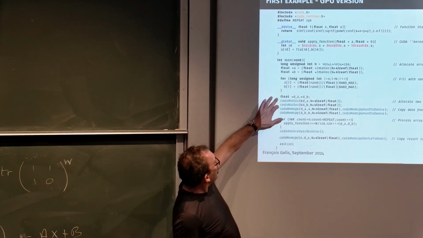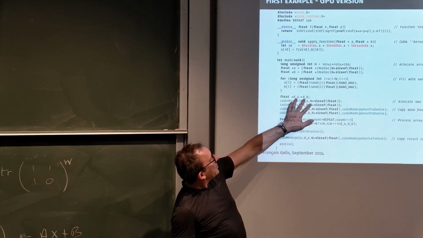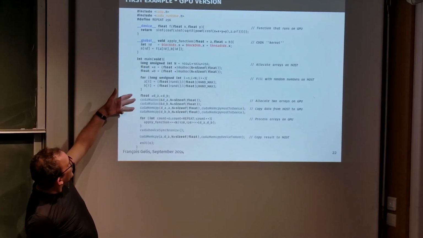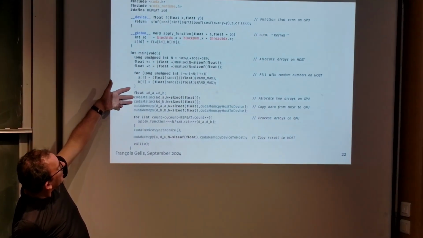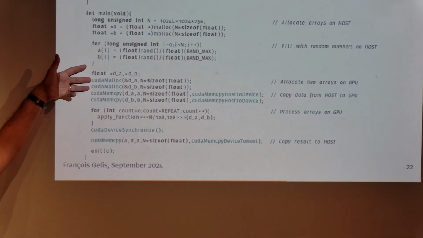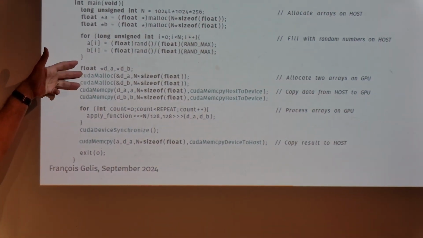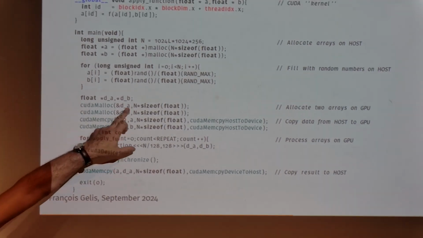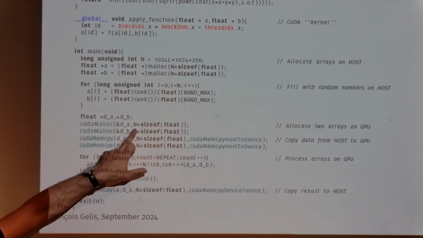So what I'm doing here is that I just declare two pointers, and then the next thing I do is that I allocate space for these two arrays on the GPU, and they have exactly the same size as here.